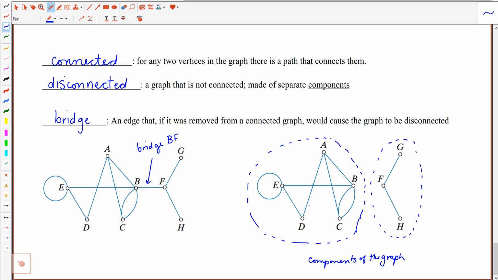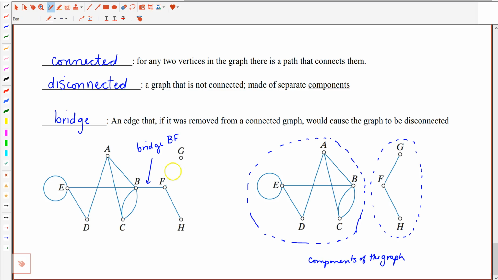Now that's not going to be the only bridge in this problem. So let's try to identify some other bridges. This edge right here is going to be a bridge as well. If I were to remove that edge, and notice I'm just removing the edge, the vertices would remain at this point in time.